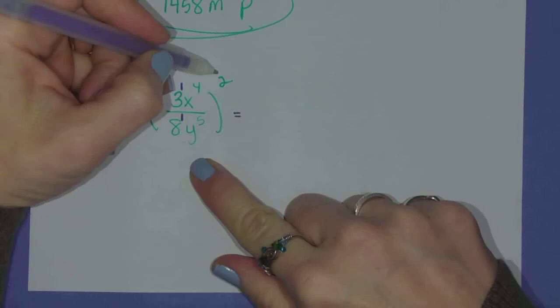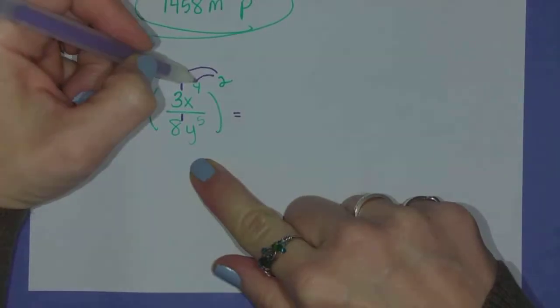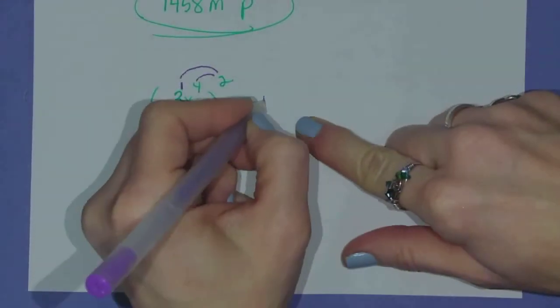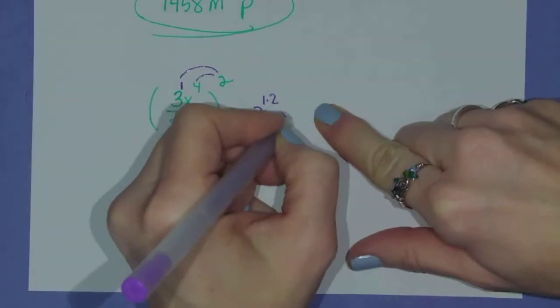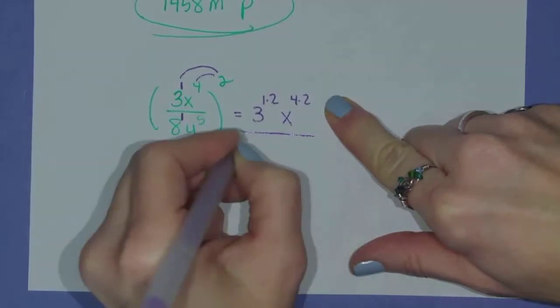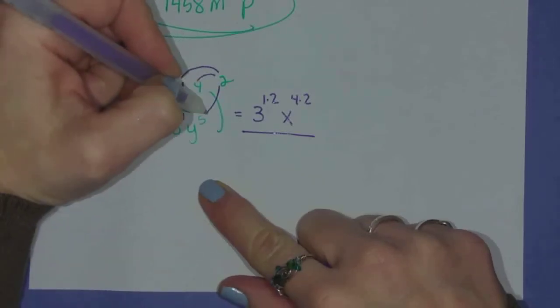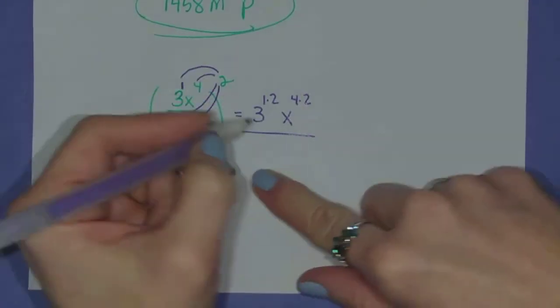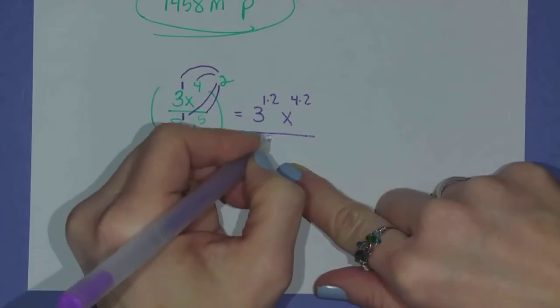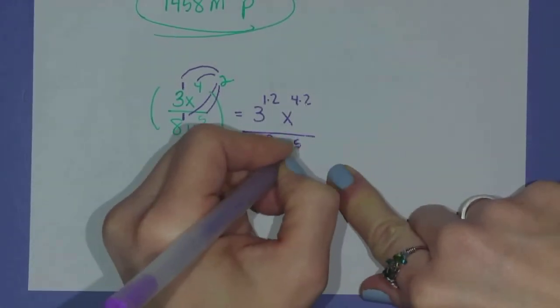So you have to take the 2 times the 1 and the 2 times the 4. So 3 to the 1 times 2, x to the 4 times 2 over, and now you have to do it on the bottom as well, 8 to the 1 times 2, y to the 5 times 2.